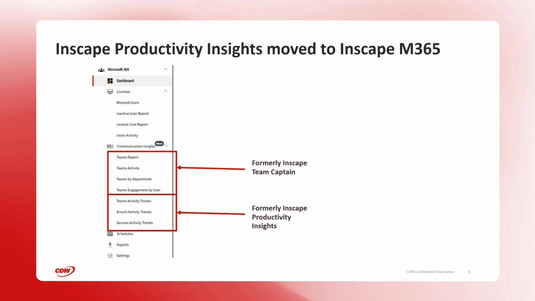And also, there are more exportable reports than were previously available. So if you go into Inscape, you'll notice on the left-hand side, this navigation is now updated. And this is where you can view your previous Productivity Insights and Team Captain information that you would have been signed up for previously. If you didn't use those services in the past, then you won't see that data automatically loaded. You would just set it up with the Microsoft 365 service setup.